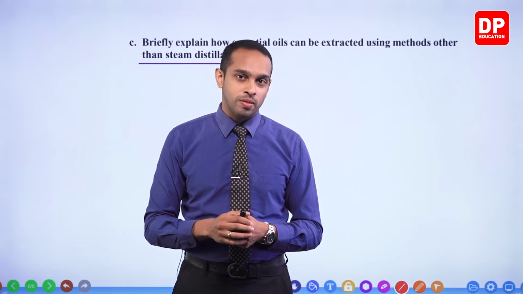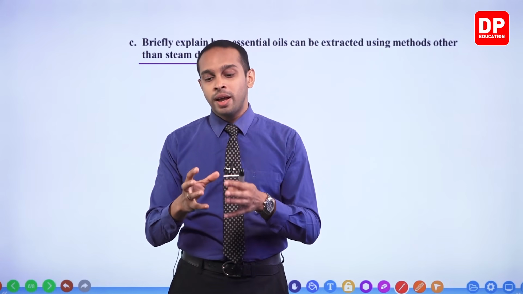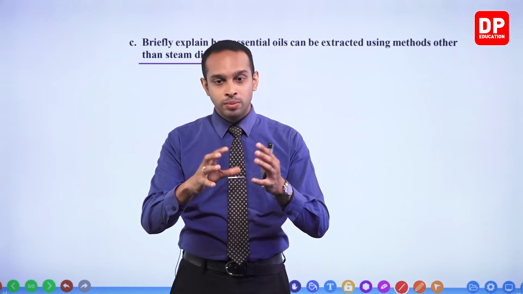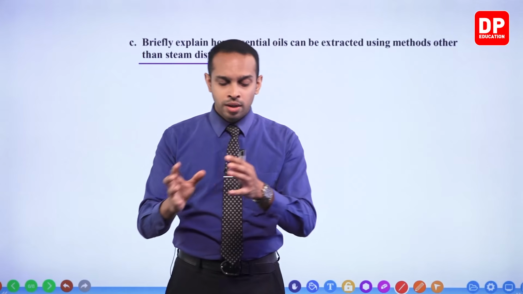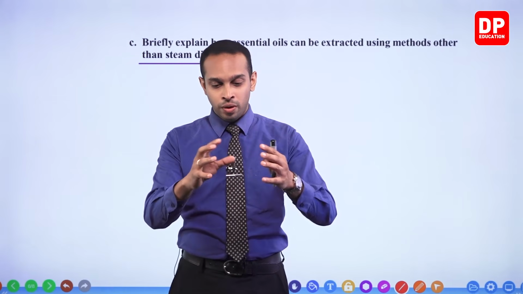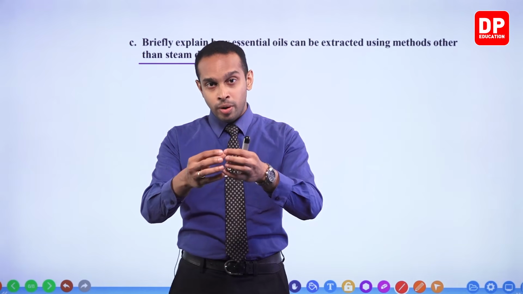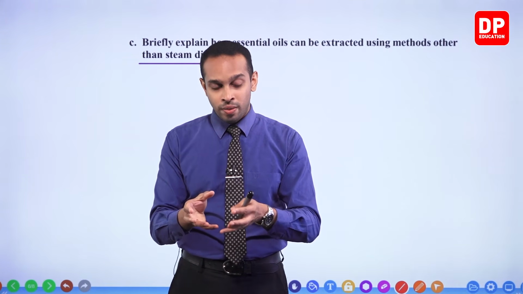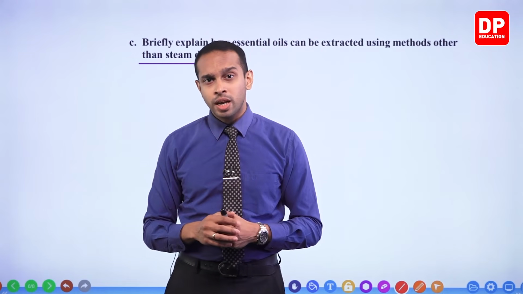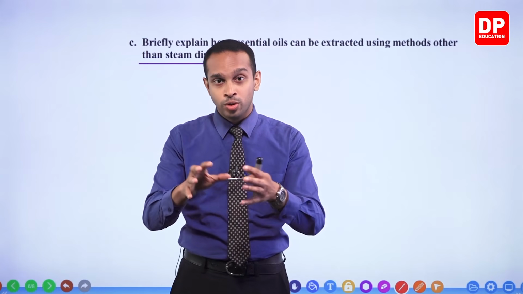After choosing your organic solvent, we can add your plant material into that solvent. You can start by crushing the plant material if you like, and then add it to your organic solvent and shake it, and the essential oils will come out of the plant material and dissolve in the organic solvent. Then we separate the plant material from the organic solvent.